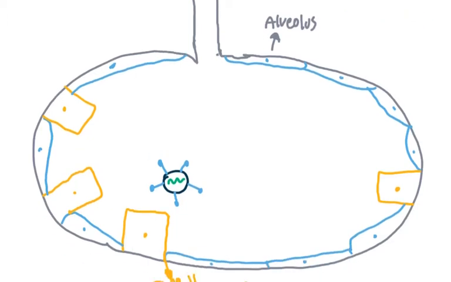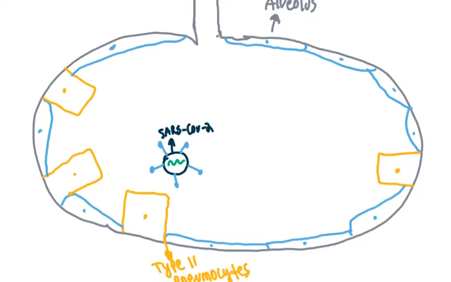Alright, so what's going to happen now? Well, first things first, this is our SARS-CoV-2 virus that causes the COVID-19 disease. When the SARS-CoV-2 virus buds off, it's actually going to destroy this type 2 pneumocyte.